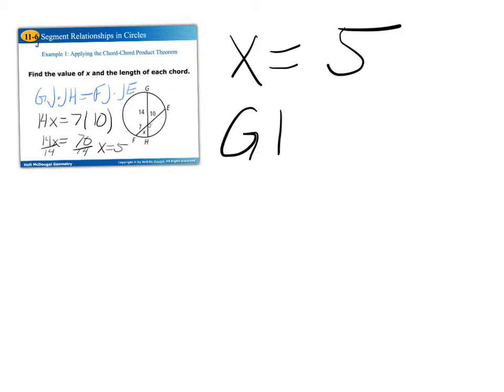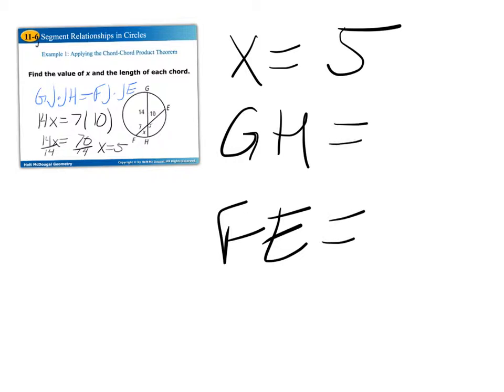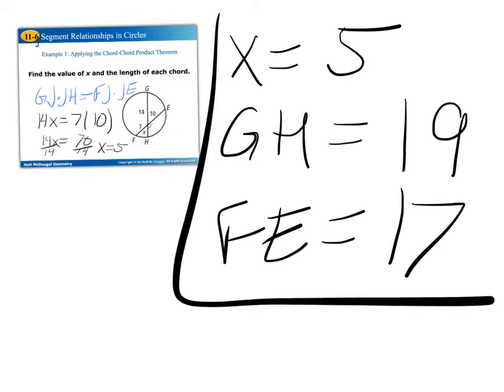I need to find out what GH is and what FE is. Well, GH, you just go from G, count all the way to J, you get 14, count 5 more, and you get 19. So GH is 19. Come over here to F. I need to count all the way to E. I go 7, I go 10 more, I get 17. So it's simple as that.